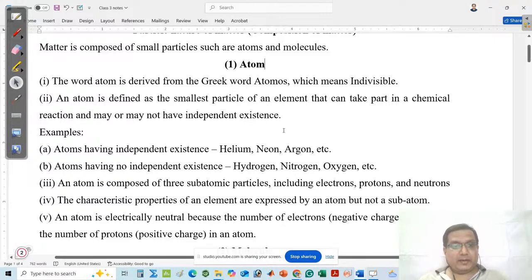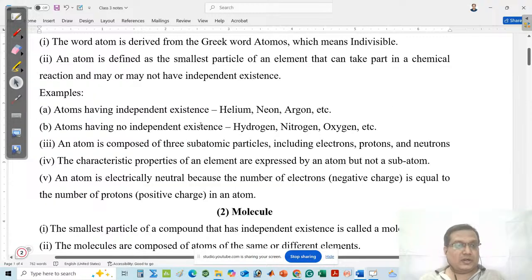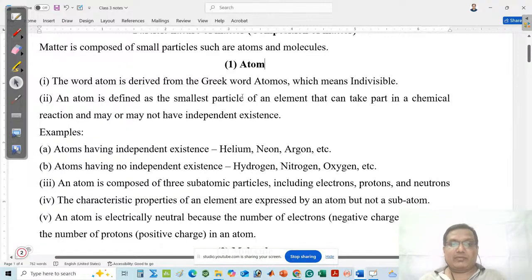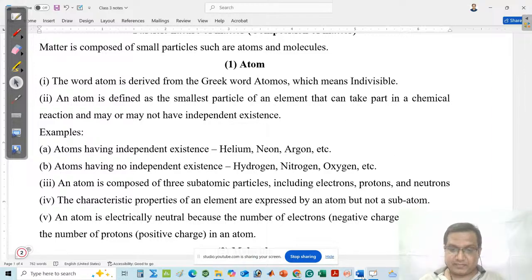What is the meaning? Independent existence means, in Odia, nijaswa astitva. The smallest particle of an element, you know very well. Element means molecule.